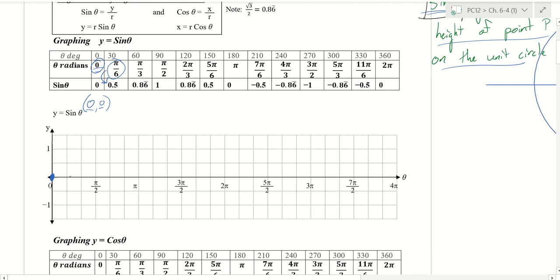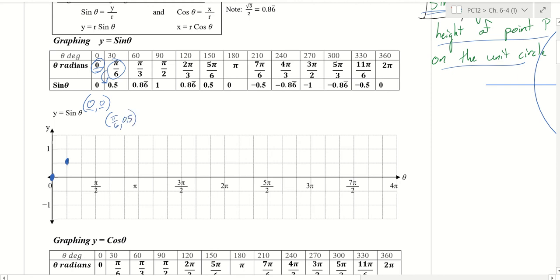So that means every single tick mark along this x-axis represents a jump of pi over 6 radians. So for this pi over 6 radians here, what's the output value? The output value is 0.5. So the output value for an input of pi over 6 is an output of 0.5.